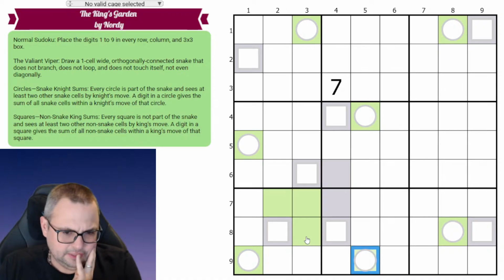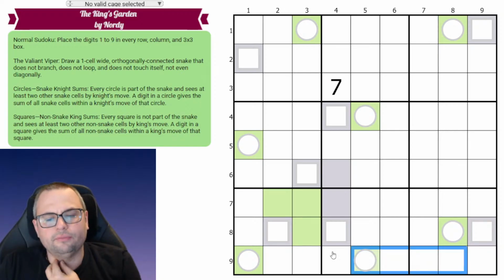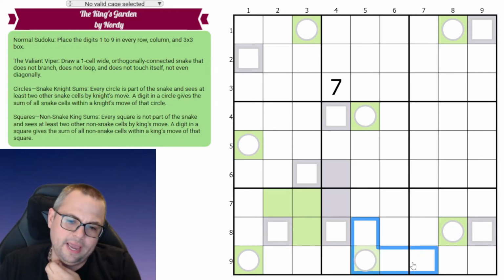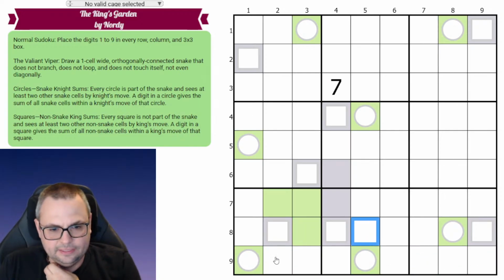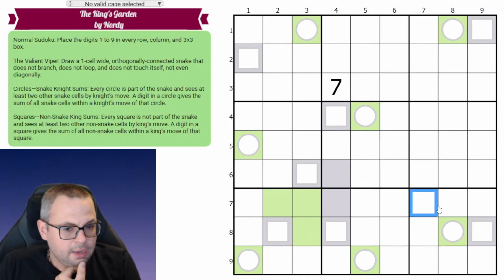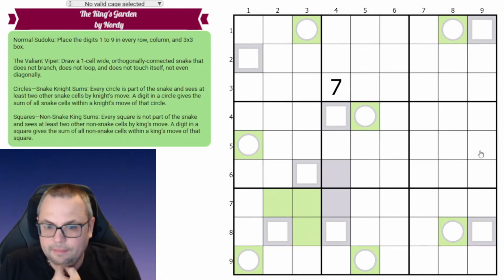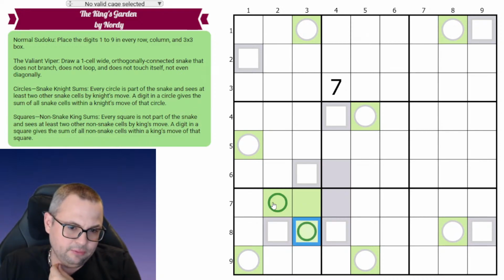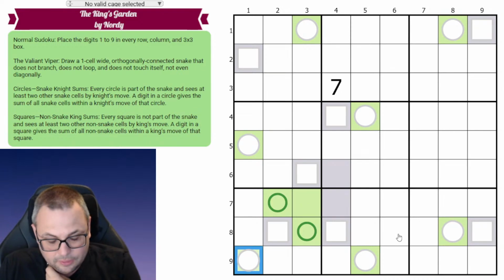In fact, I guess this one could run off this way. No, never mind. This one can run off this way like that, and then these can connect. Although I guess I know there's an end vaguely in this direction. I'm going to perhaps draw a green circle on these two just to indicate that they are counted by this circle.